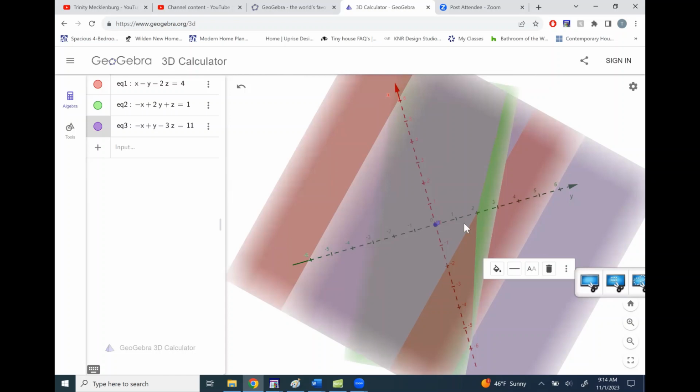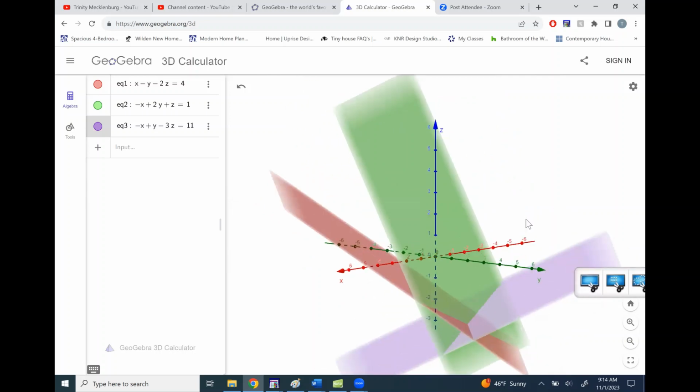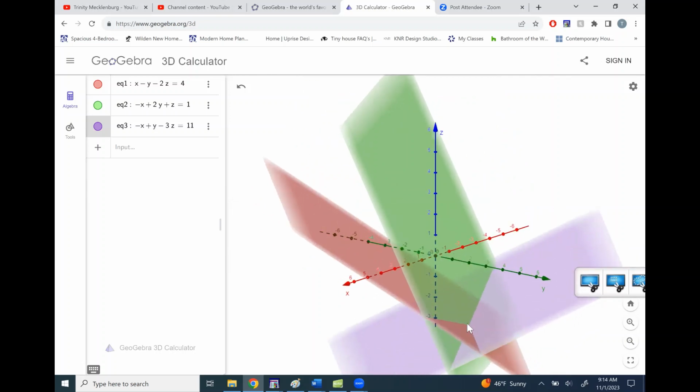But right here, I can see the purple touches the green, touches the red. So I think our point would show up. I was trying to give us another viewpoint. There we go. Ooh, that's a little bit better. So it should show up right about there. So we got 0, 2, -3. Perfect. Showed up exactly where we wanted it to show up.